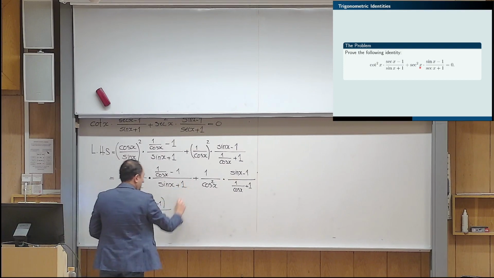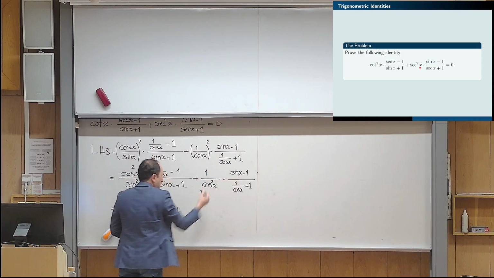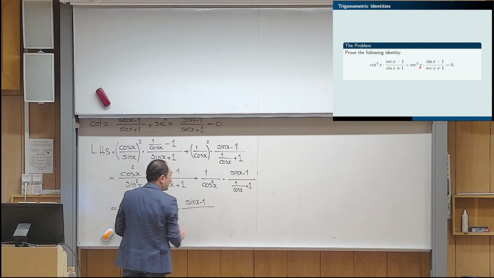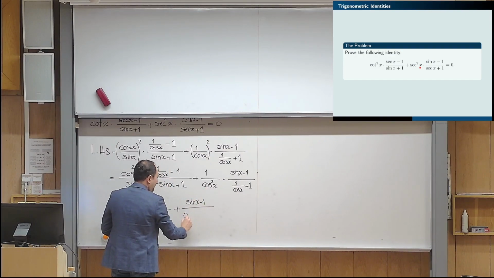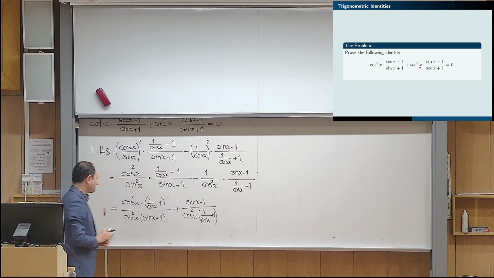And the same story here. So plus the numerator here is 1 multiplied by the numerator here, so nothing will change. I have to write the second numerator here. But the denominator here, cosine x squared, multiplied by the whole denominator here.